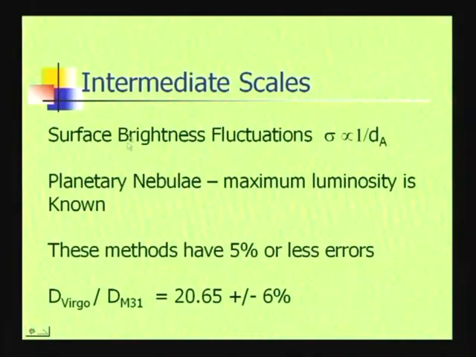So here again in the galaxies you cannot make out individual objects, but you can use these two things as standard candles, and the uncertainties are of the order of 5%, and these two methods can be applied to galaxies in the Virgo cluster. They can also be applied to M31, which is a very nearby galaxy, and so you can now reduce the problem to determining the distance to M31.